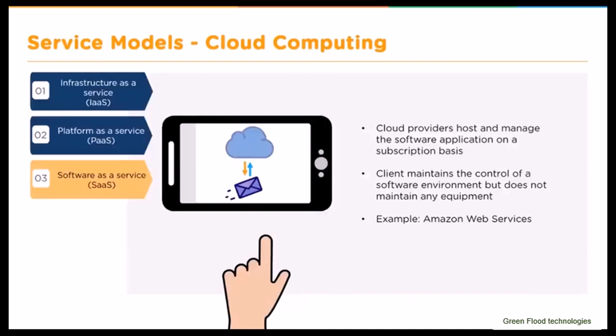These cloud providers host and manage the software applications on a subscription basis. The client maintains control of the software environment but does not maintain any equipment. Finally, software as a service allows access to cloud-based applications, usually through a web browser interface. Software as a service is at the top of the stack.